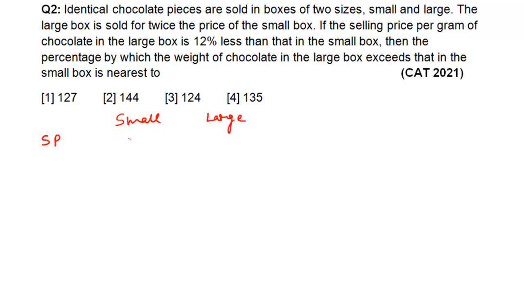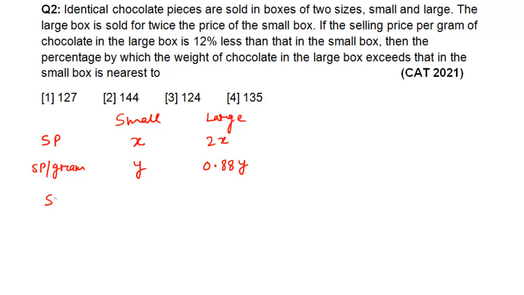If we talk about the selling price, then if the selling price of a small box is say x, then the large box is double, that is 2x. And if we talk about selling price per gram, if the selling price per gram for a small box is y, then the large box is 12% less, so we can say 0.88y, right? So this information is given.